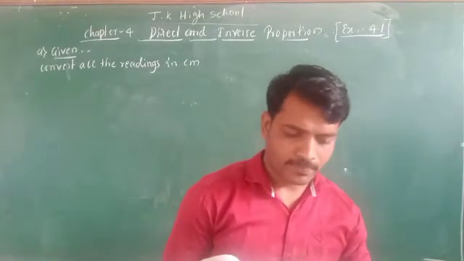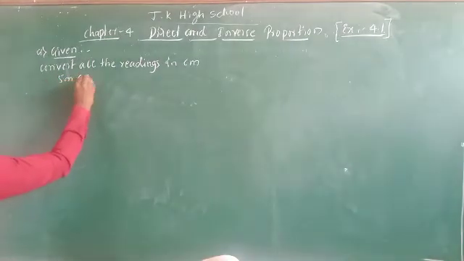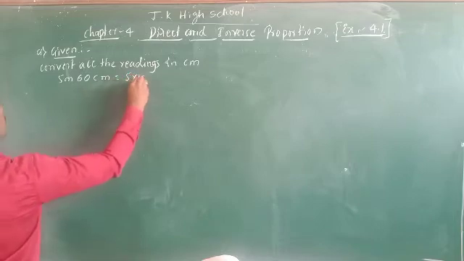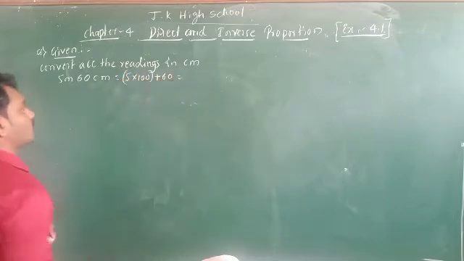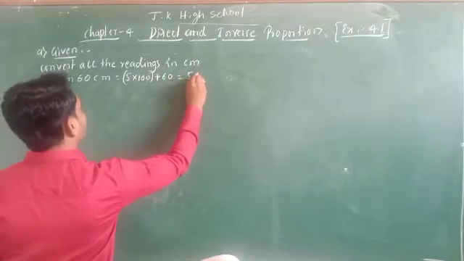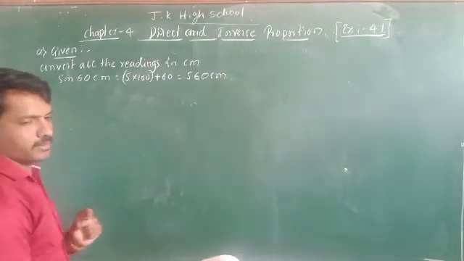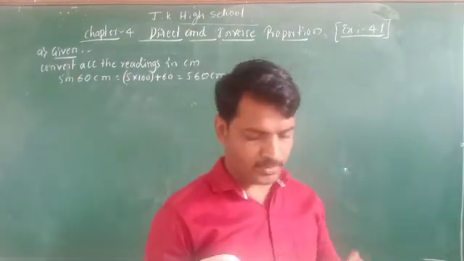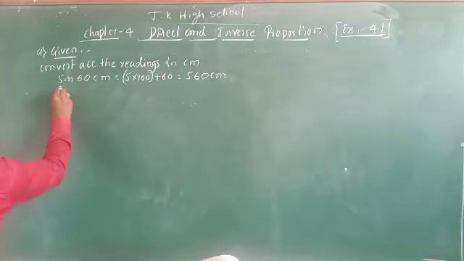Reading number 1, 5 meter 60 centimeters. 5 meter 60 centimeter is equal to 5 into 100, because 1 meter is equal to 100 centimeter. So 500 plus 60, how much will it become? 560 centimeter. Second thing, 3 meter 20 centimeters.